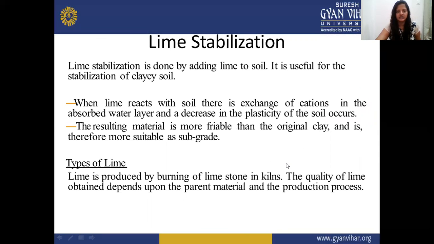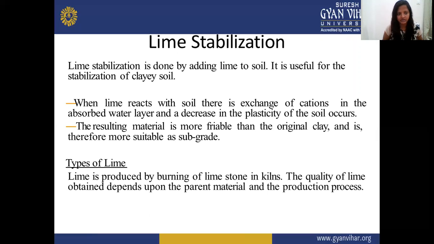Lime stabilization is done by adding lime to soil. It is useful for stabilization of clayey soils. When lime reacts with soil, there is exchange of cations in the absorbed water layer and a decrease in plasticity of the soil. The resulting material is more friable than the original clay and is therefore more suitable as subgrade.